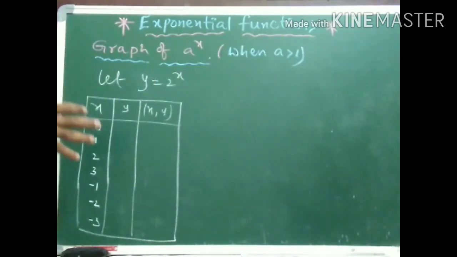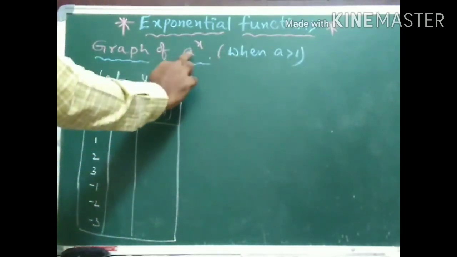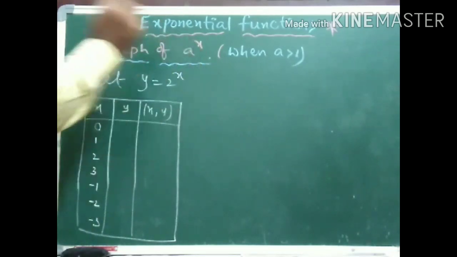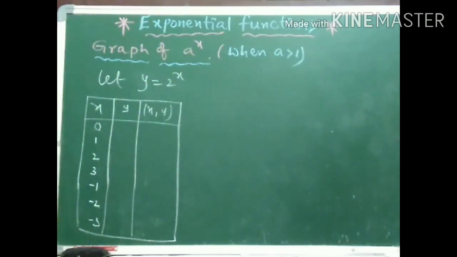So this is the tabular form. We need to assume some x values, go with 0, some positive numbers along with negative numbers also, because here the restrictions are only for the base but not for the power. So x can be positive, x can be negative, even x can be 0 also, right?